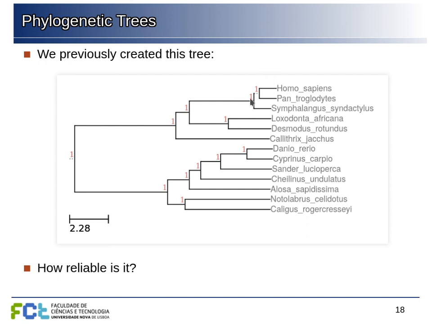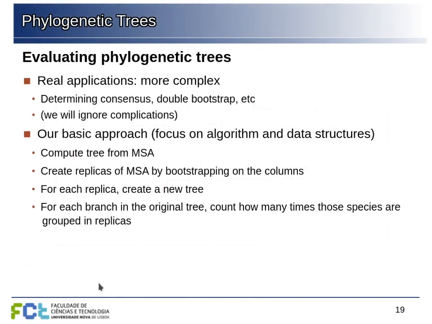For this branch, for example, we're going to check if these three species belong to a clade, to a branch of the tree, and so on. And counting how many times each branching appears in the replicas will give us a measure of the support that we have for each branch in our original tree.